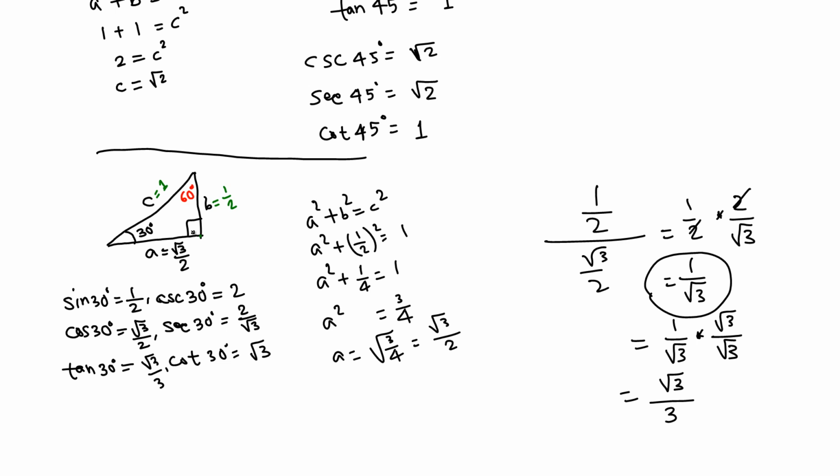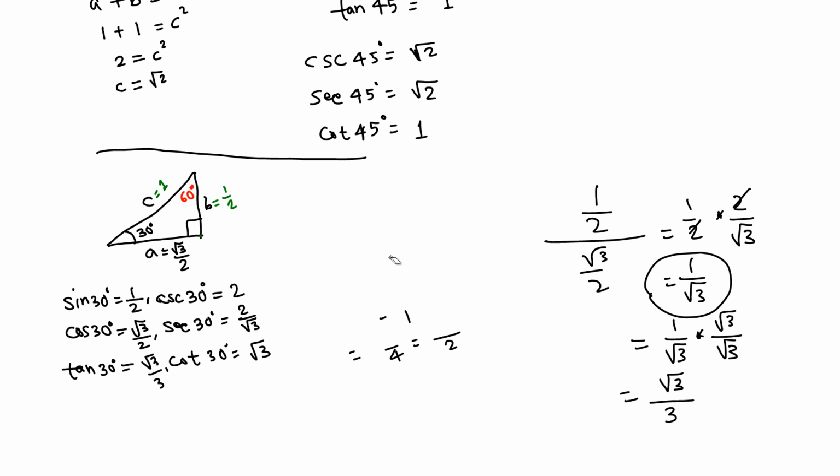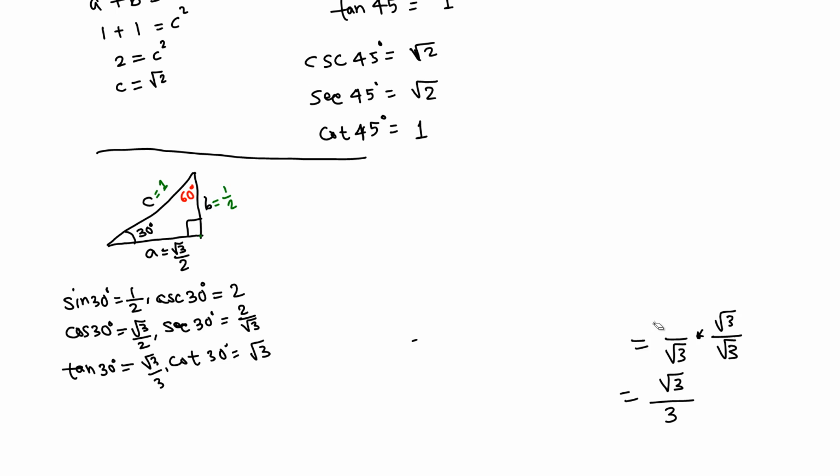From the same triangle, now if we think of 60 as the base angle, then we can find all 6 trigonometric functions for 60 degrees. So let's do that. So let me erase this. And these values will later be revealed using a unit circle. So you will have two options to learn and memorize these values.